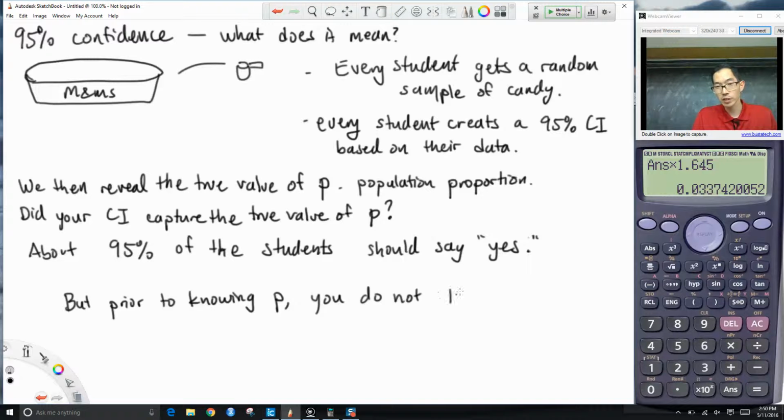So you do not know if your confidence interval is, quote unquote, correct, if it successfully captured P.